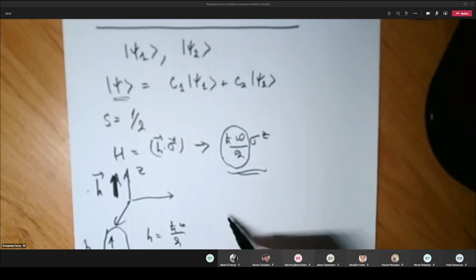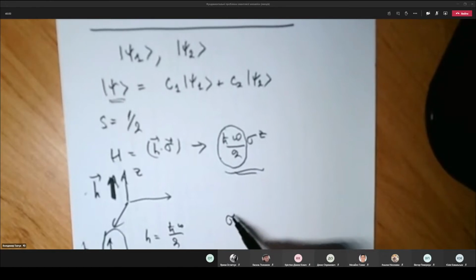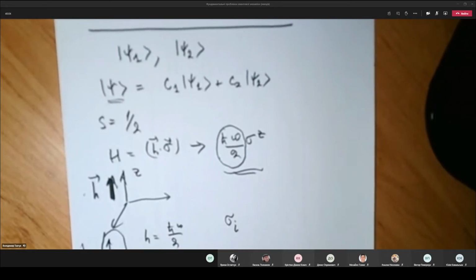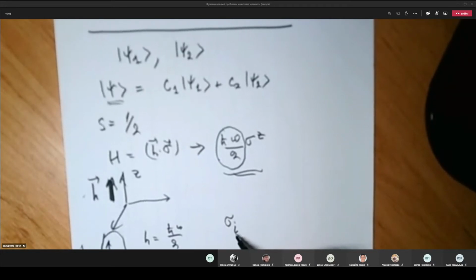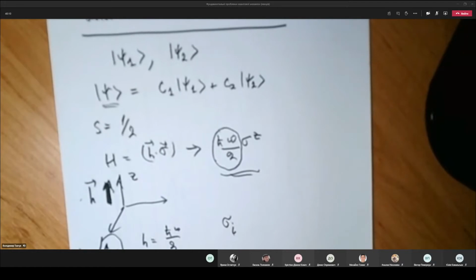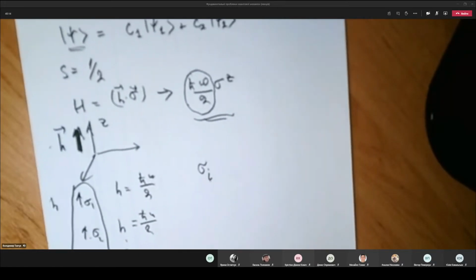So we have spins described by matrices sigma i, where i is the number of the spin. For instance, sigma 1 is here, sigma 2 is here, sigma 3 is here, and so on.